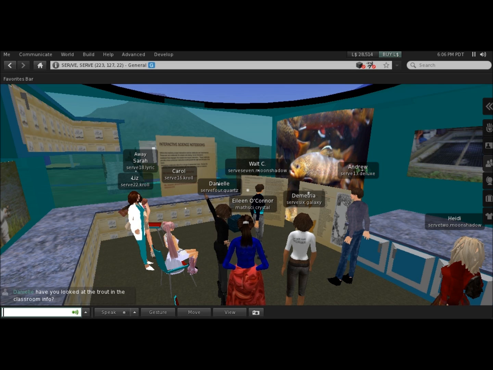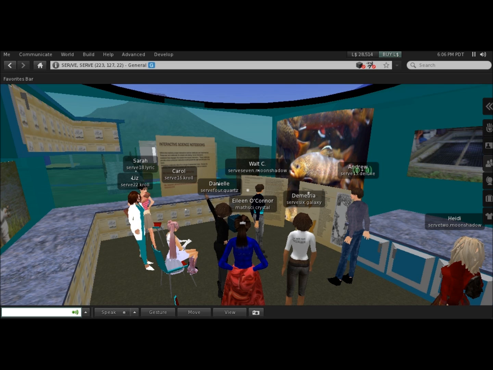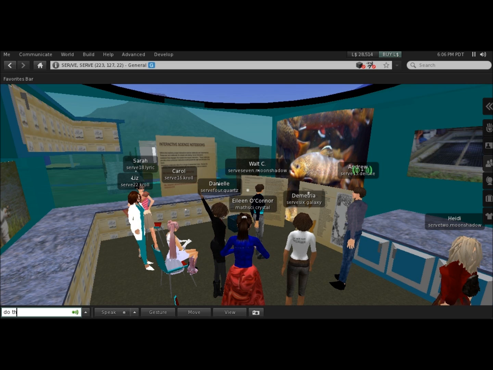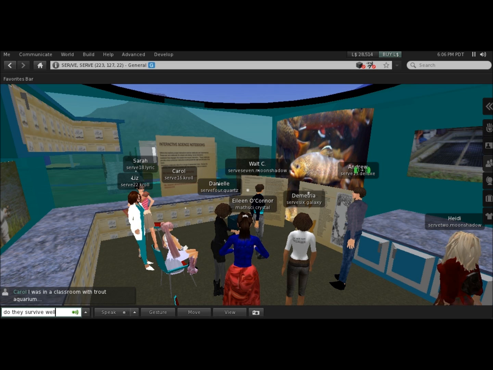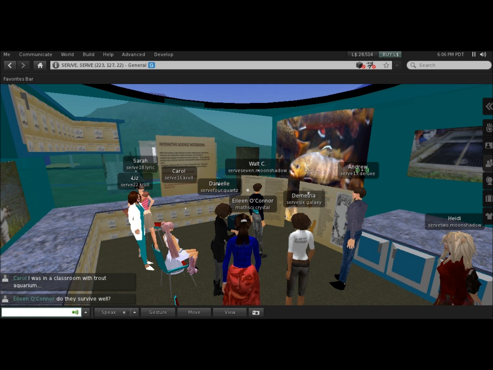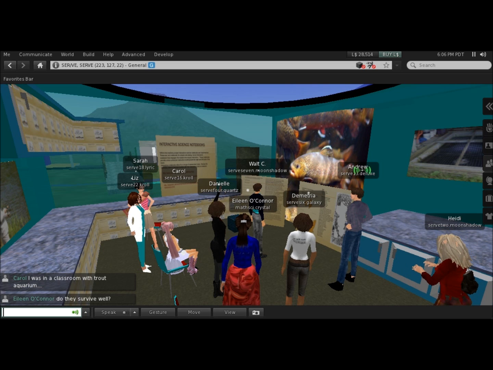But yeah, if you can find a local hatchery, they can bring a fish tank in and bring some fry into the classroom, and then they'll come in on a weekly basis or 2-week basis and measure the fish and weigh the fish for you. And it's a great way for students to learn how to collect scientific data. They do survive well. It does need to be well oxygenated water, but they do survive, yeah.